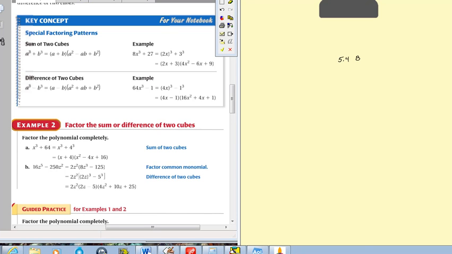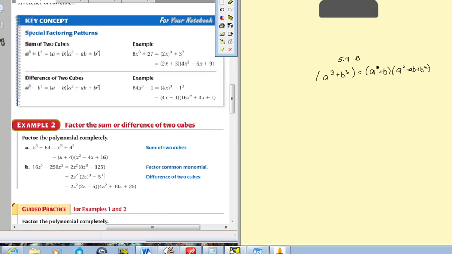So, if we have two things that are cubed, and a and b can represent either letters or numbers, we can factor those by saying a plus b times a squared minus ab plus b squared.